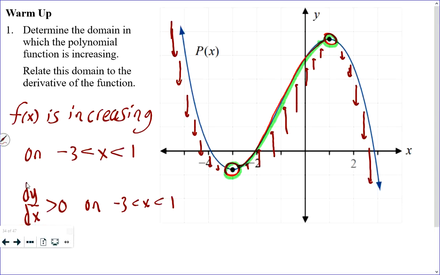I hope you agree, and I still have this green streak up here, which is the domain we're talking about for question 1, I hope you'd agree that the slope everywhere there is positive. And we're not including the minimum or the maximum.